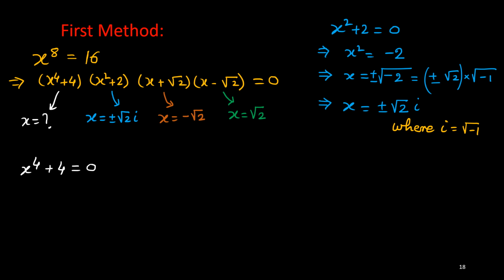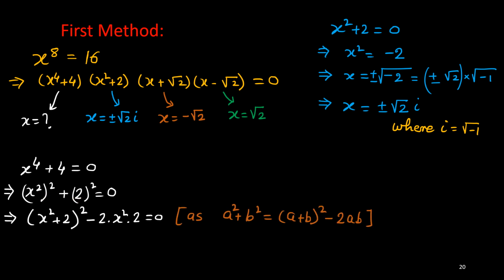At least we should get second order factors, and it will be better if we can get first order factors. So we can rewrite this as the square of x squared, and 4 is the square of 2. This is a squared plus b squared form that we can replace as a plus b whole squared minus 2 times a into b, because a squared plus b squared equals a plus b whole squared minus 2ab. Now 2 into 2 is 4, so 4x squared with a minus sign.